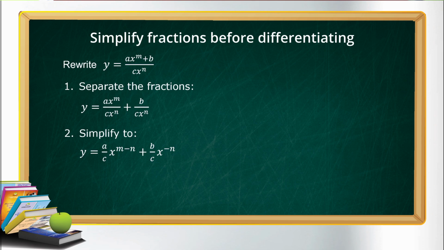So we differentiate to get dy/dx equals a over c, times m minus n, x to the power of m minus n minus 1, minus b times n over c, x to the power of negative n minus 1. There it is done. Take a few moments to look at the final step again.